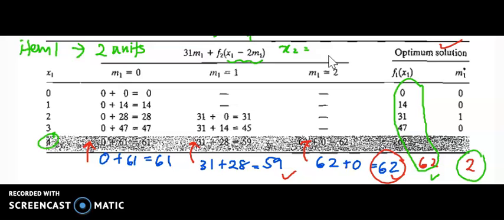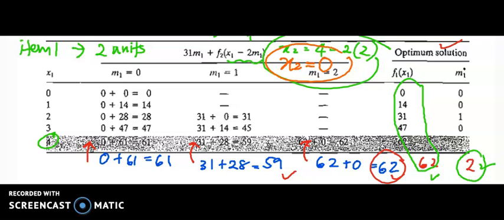So x1 is 4, so 4 minus 2 times, just now m1 is 2, so 2 times 2, which is 4. 4 minus 4 is 0. So now x2 will be 0. Then we will use this result, x2 equals 0.